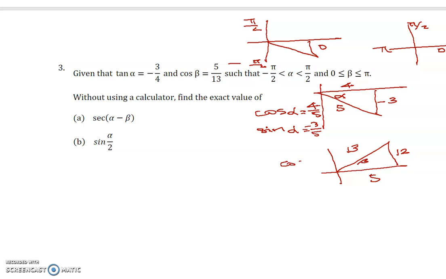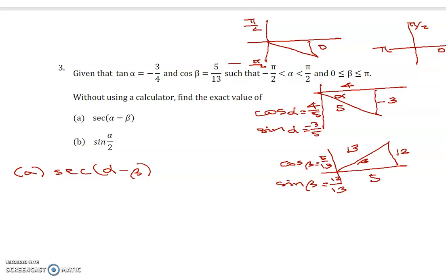We want cos beta, given there. Cos beta is 5 over 13, and sine beta is 12 over 13. Once we have all that, we can answer for secant of alpha minus beta.